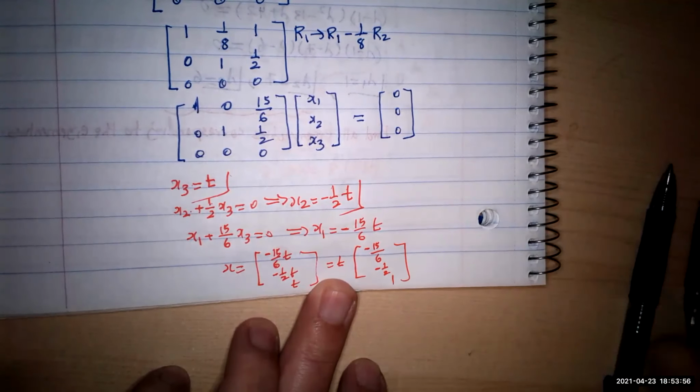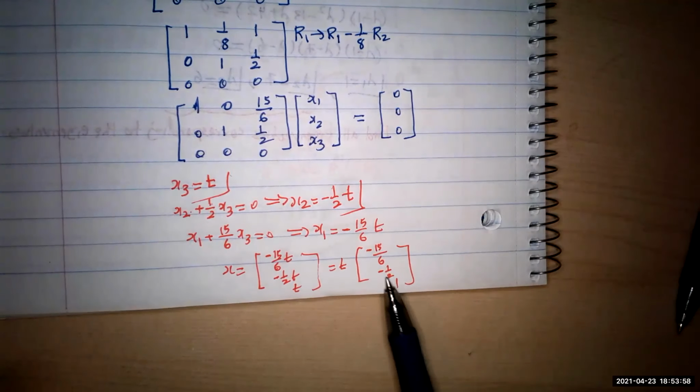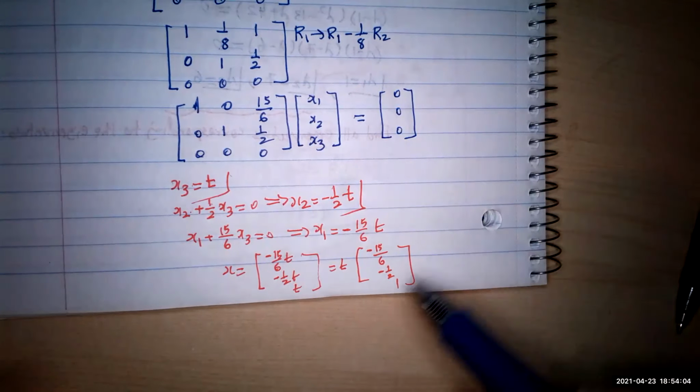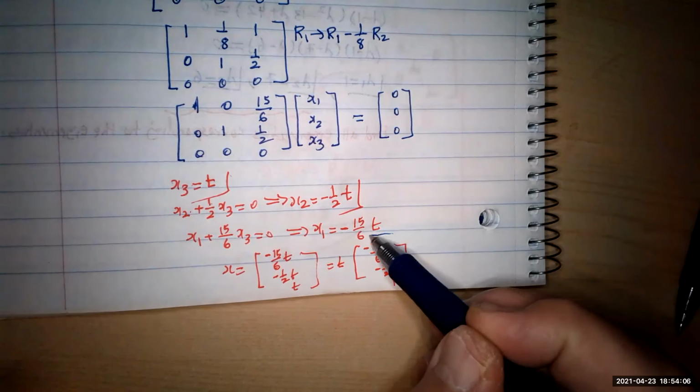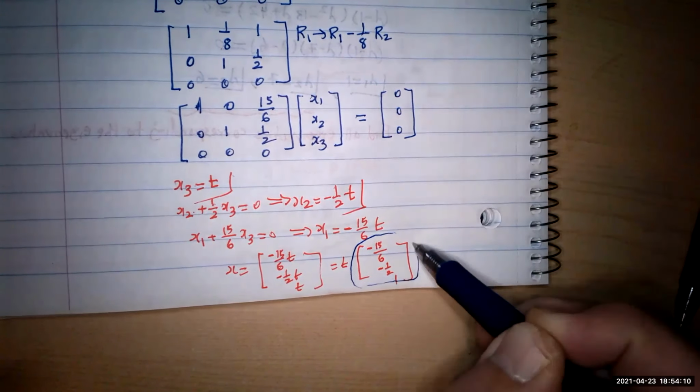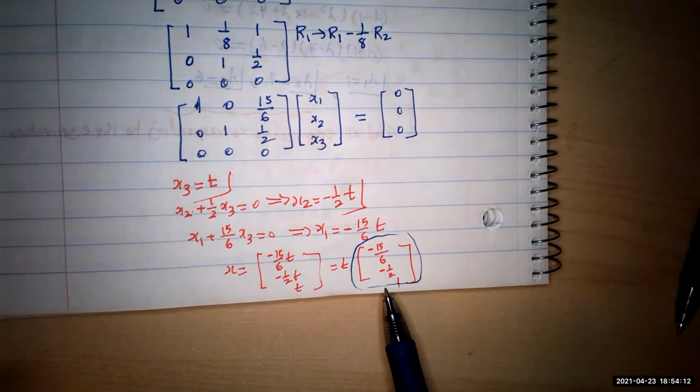So the negative 15 over 16, negative 1 half, and 1. You can pick this one as your vector, or you can multiply by a number to get something nice. You don't like to have the fractions, okay? So what you can do is take t equal to 16, so that we're able to simplify it a little bit.